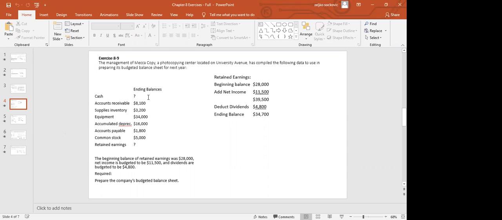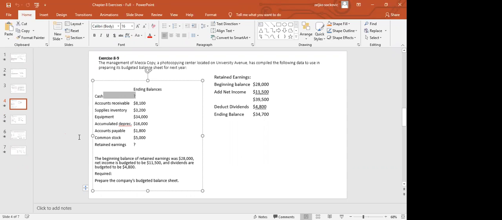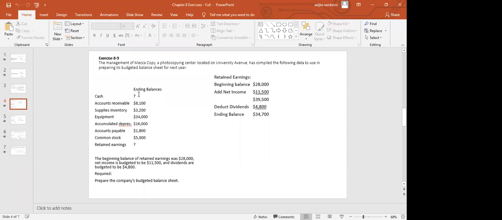The question is, let's say, what's your cash? Well, you cannot just fake it and plug in whatever number you might guess. You know, you have what, 25% chance on multiple choice, or 20%, depending on the number of solutions.